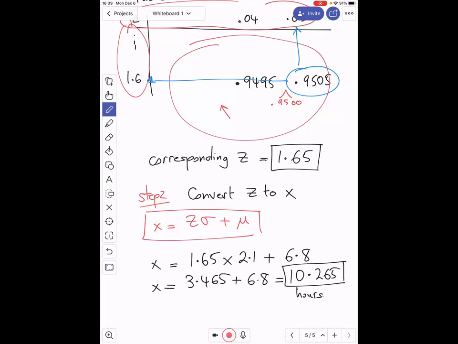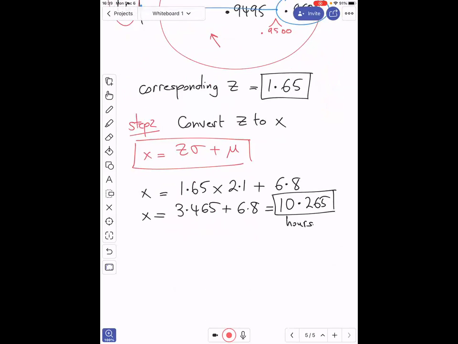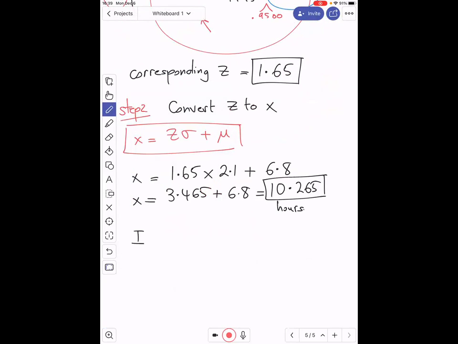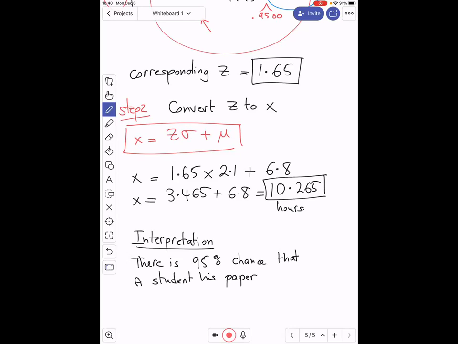It means that there is a 95% chance that a student finishes writing his term paper in 10.265 hours or less.